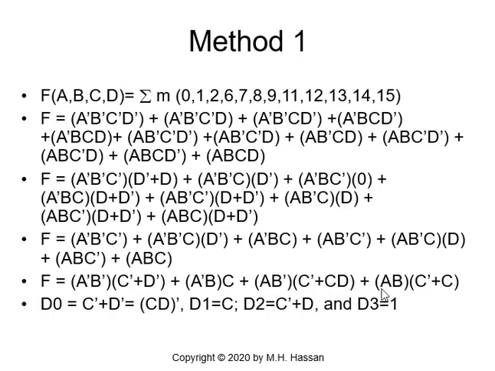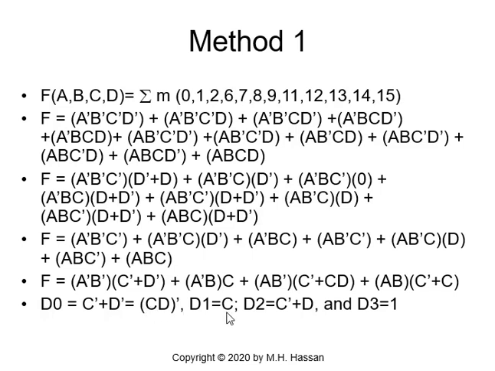Okay, then we have AB, C prime or C, which is 1. And this will get me the following. D0 will be the coefficient, which is C prime or D prime, which is equal to CD prime, which is 1 NAND gate, rather than using 2 inverters and an OR gate.